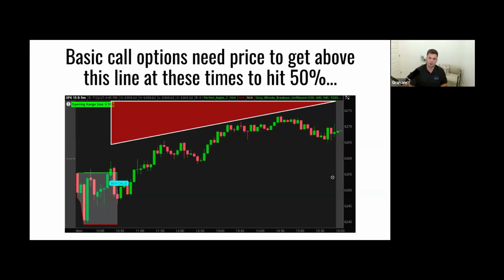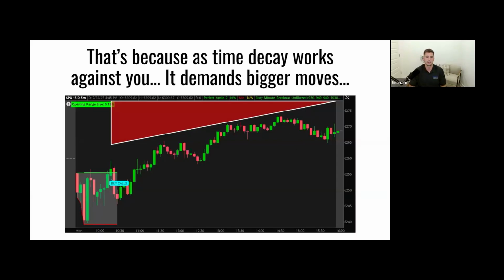So when you have the full day of time premium available and it happens quick, you'll hit your target. But if it hasn't made a big move and now you've only got an hour left in the day, you need a much bigger move on the S&P to hit your target. That's because as time decay works against you, it demands bigger moves. So as more time passes, the harder it's going to be for you to hit your target.